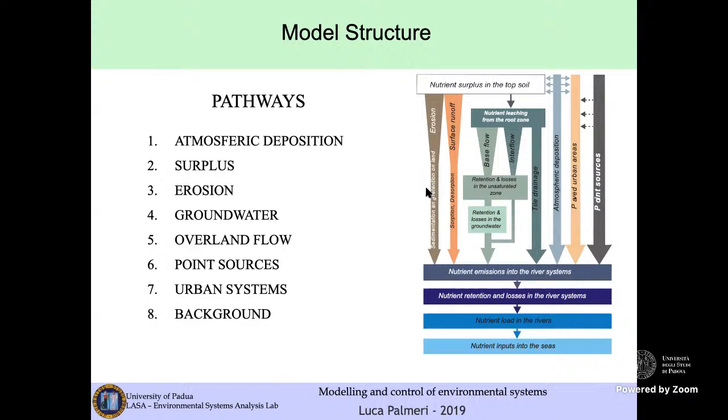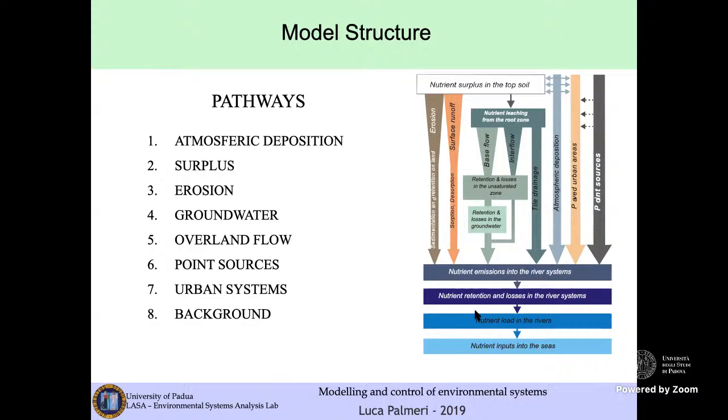All the nutrients conveyed by these different pathways are combined into an estimation of the total nutrient emitted into river systems. Then the model itself includes a nutrient retention model that tries to estimate the self-purification capacity of surface water bodies.